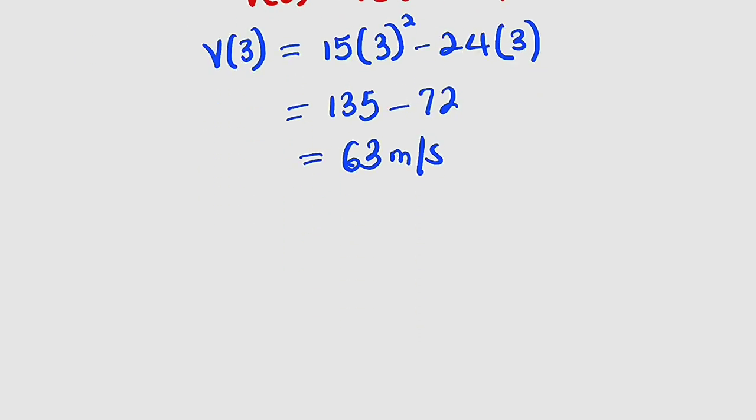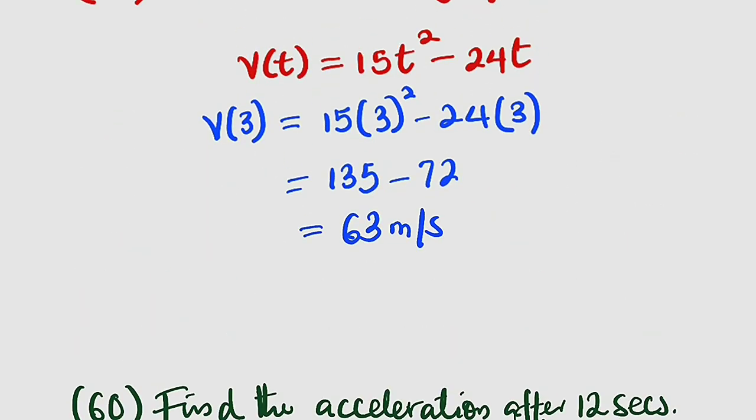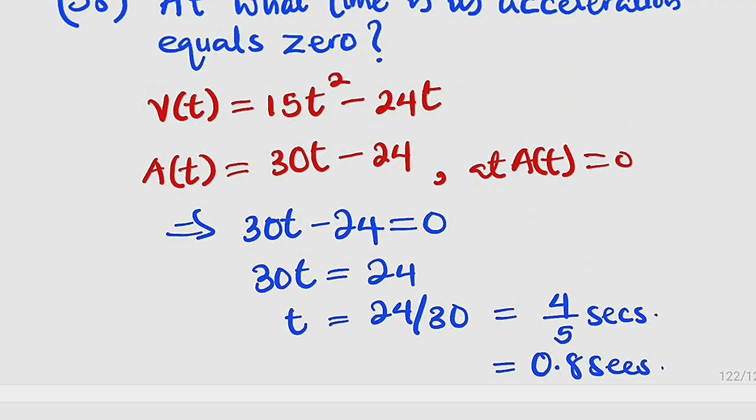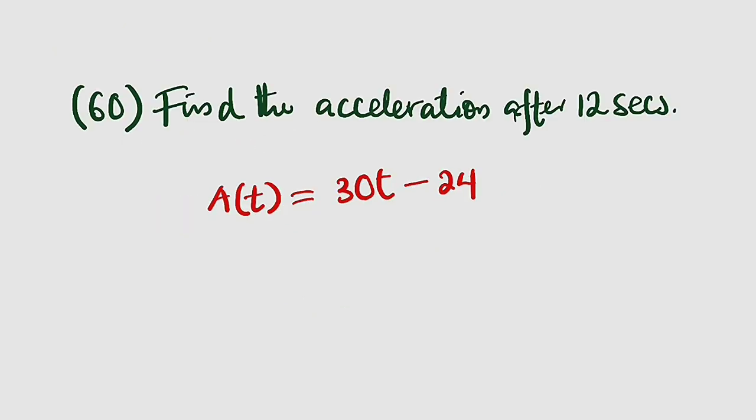Let us move on to question number 60. Question number 60, we are asked to find the acceleration after 12 seconds. We also have our acceleration here. Let me copy it as well. Look at it. A of t equal to 30t minus 24. So this is the acceleration, but we are looking for the acceleration after 12 seconds.